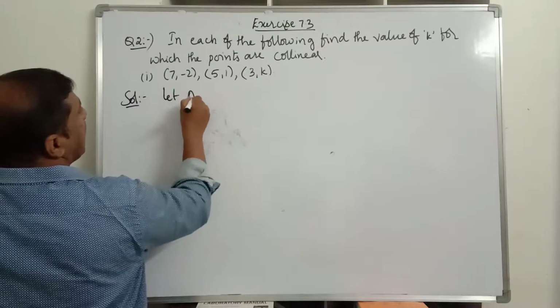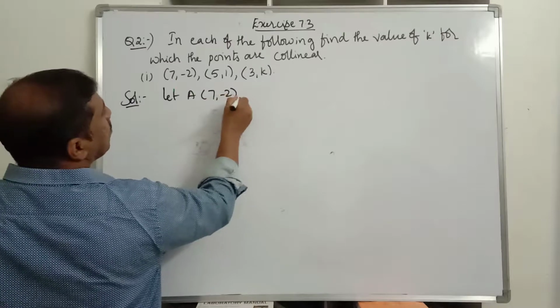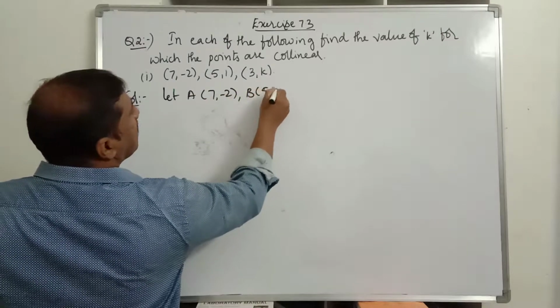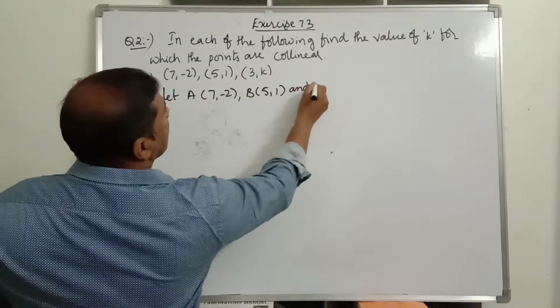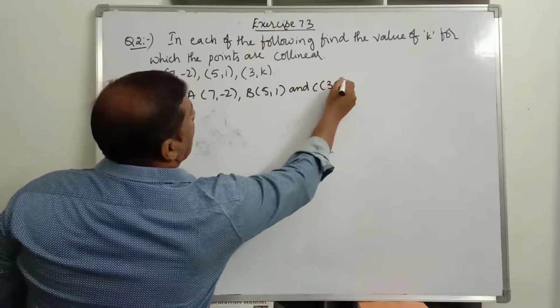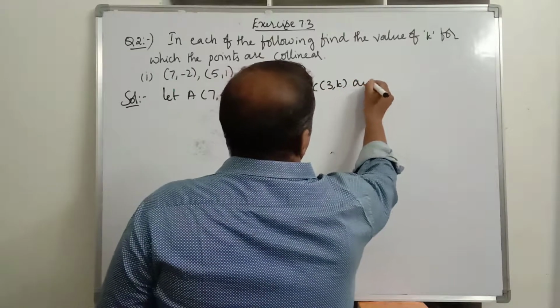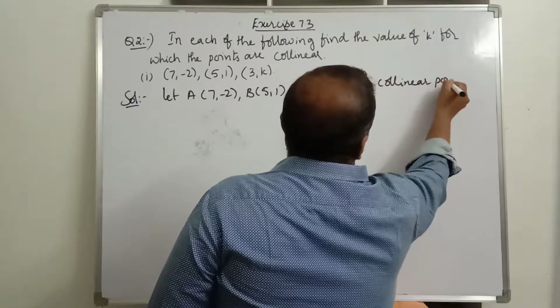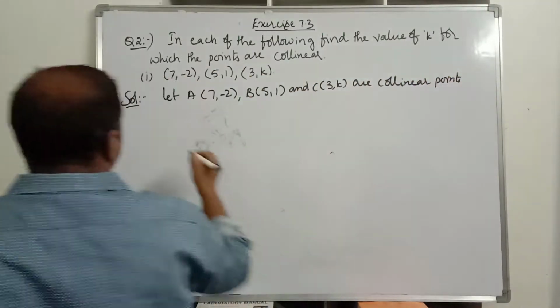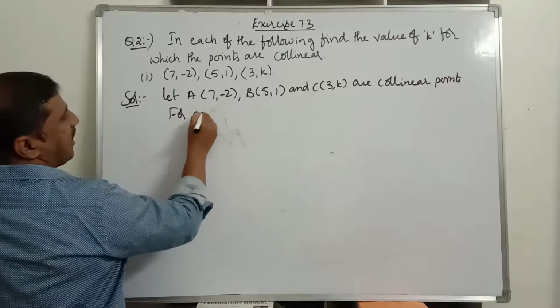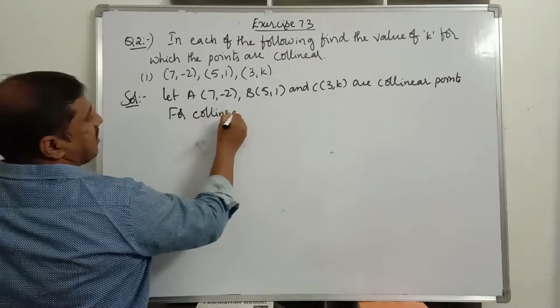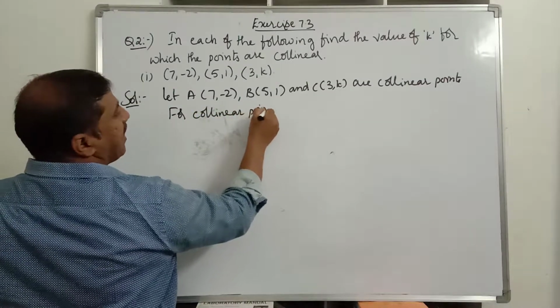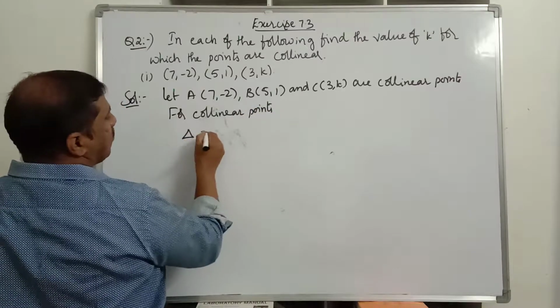Let A (7, minus 2), B (5, 1) and C (3, k) be collinear points. For collinear points, delta is equal to 0.